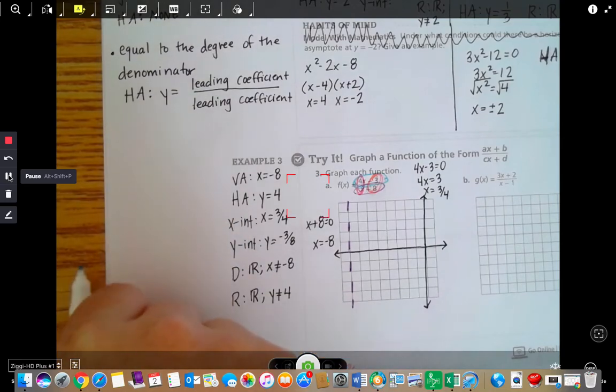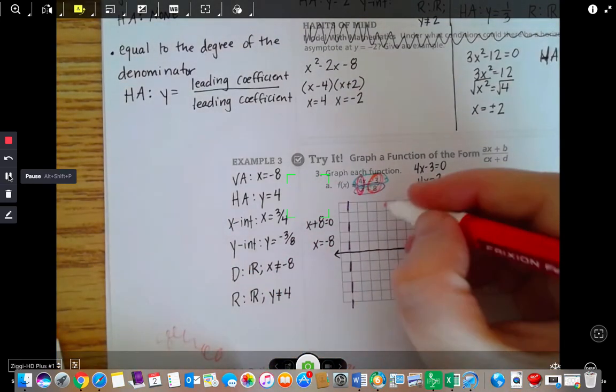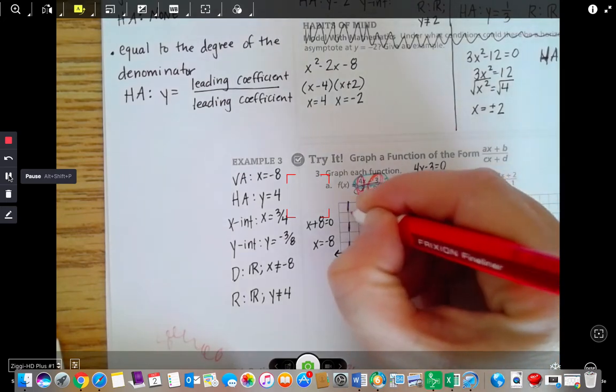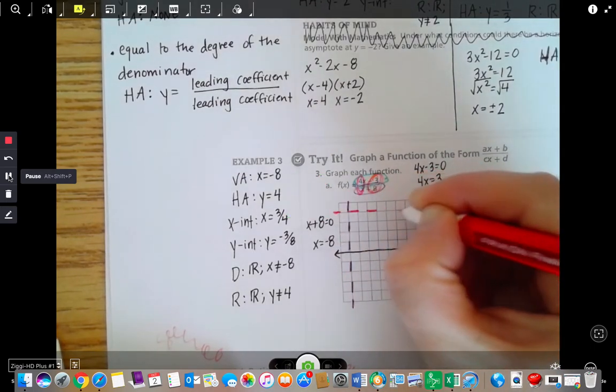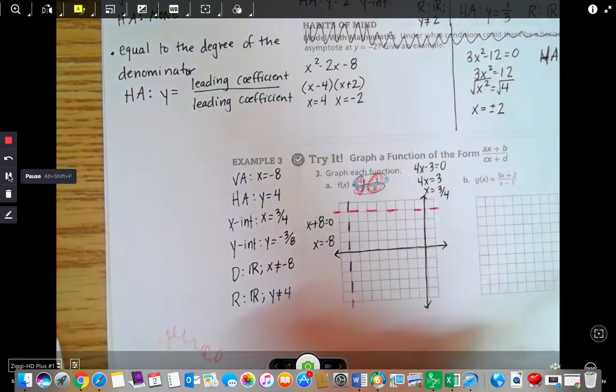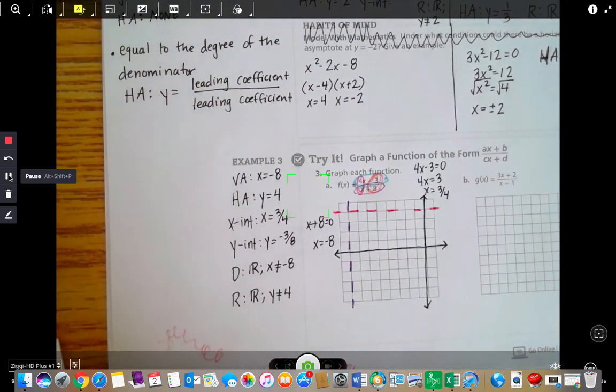My horizontal asymptote is at y is equal to 4. So 1, 2, 3, 4. So that's up here.